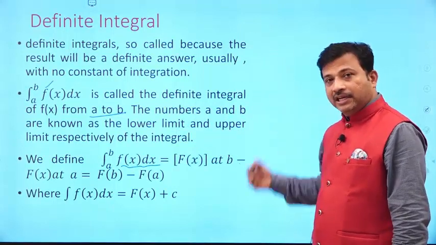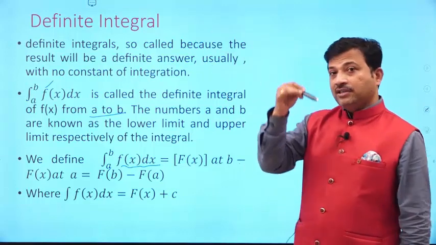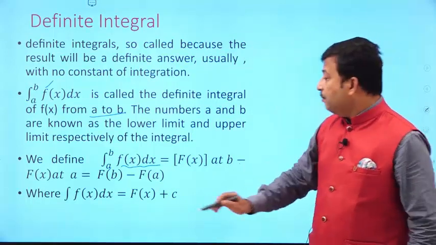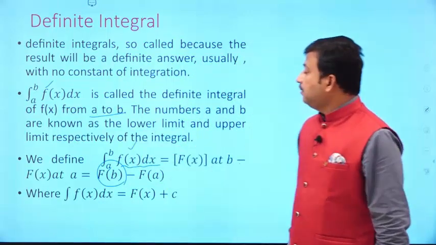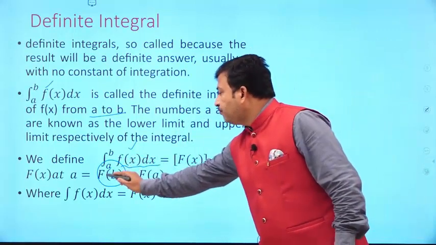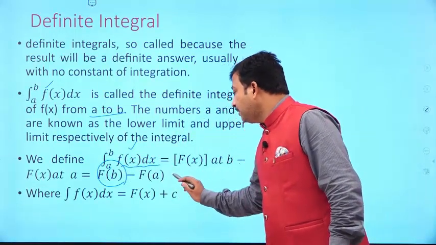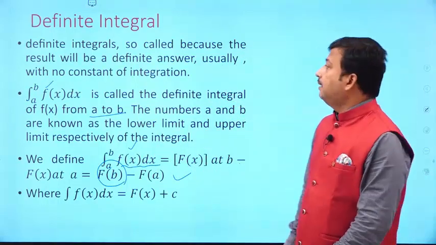Upper limit minus lower limit. The function F of x at the upper limit minus the function F of x at the lower limit, where capital F of x is nothing but the integration of this f of x, right? Remember it. So this capital F and small f are different. So F at b minus F at a is nothing but your definite integral.